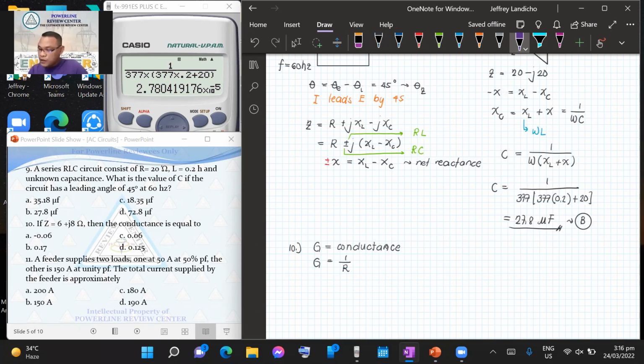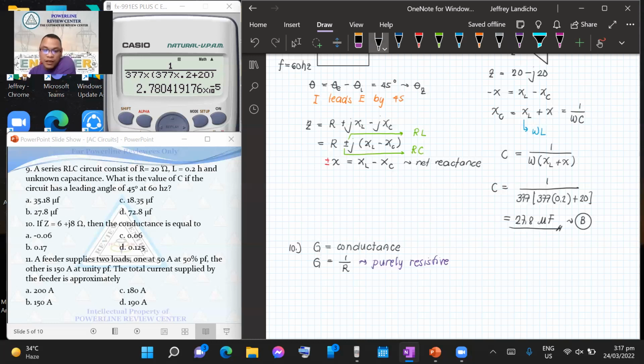But take note, this formula is applicable only kapag meron tayong purely resistive circuit. Ibig sabihin, sa circuit, resistance lang ang nakikita mo. Wala tayong ibang component. So, doon lang applicable yung reciprocal na resistance.